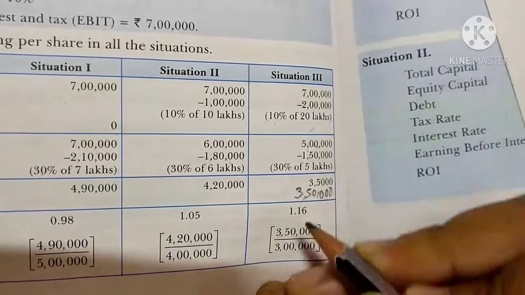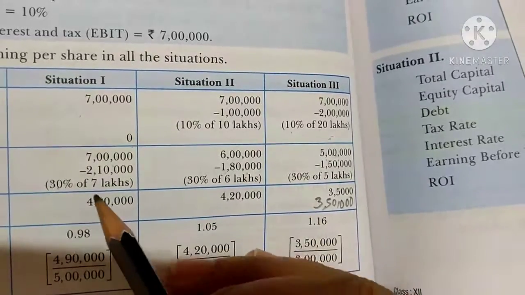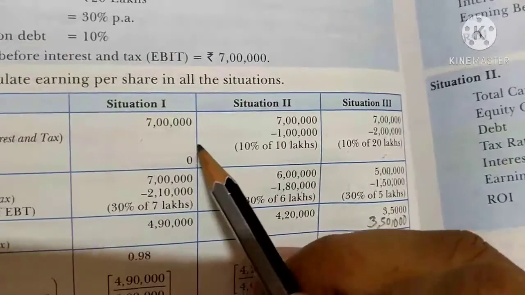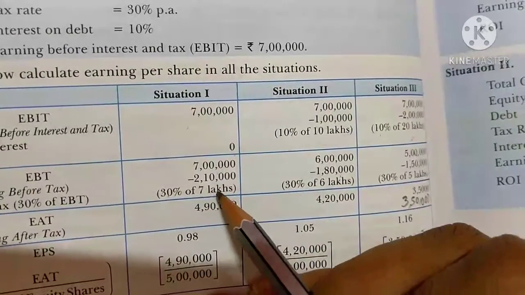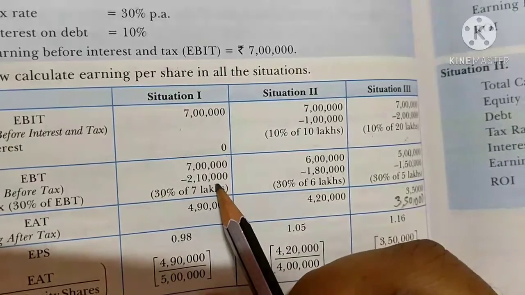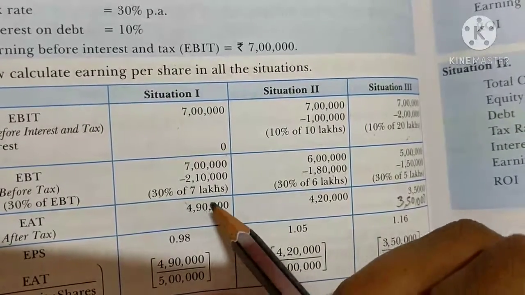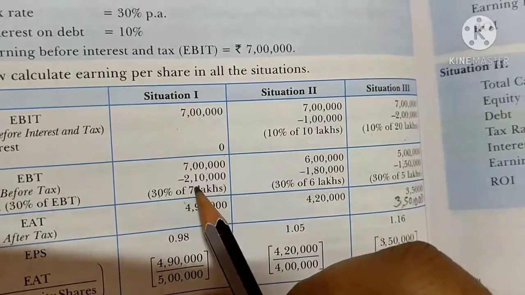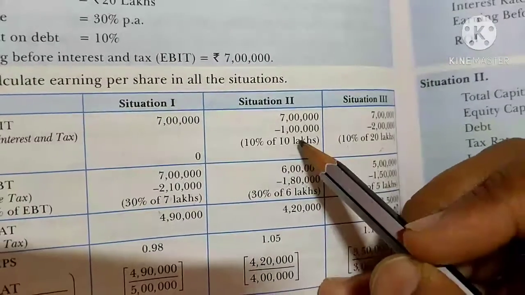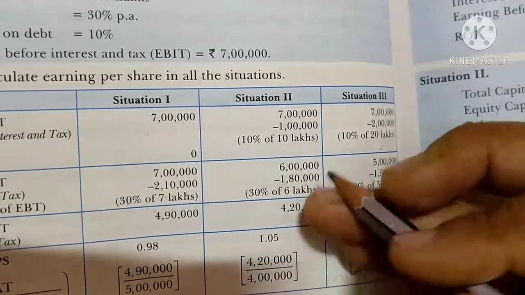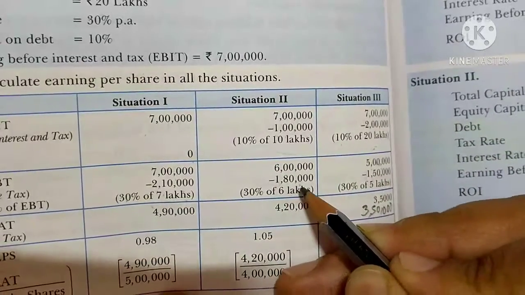Now you just pay attention here. In first case there was no debt. So how much tax we have paid? 2 lakh 10,000 tax we have paid. It means our more earning went into this. Now when we have taken debt, when we have taken 10 lakh debt, so how much we are paying? Only 1 lakh 80,000 as a tax.